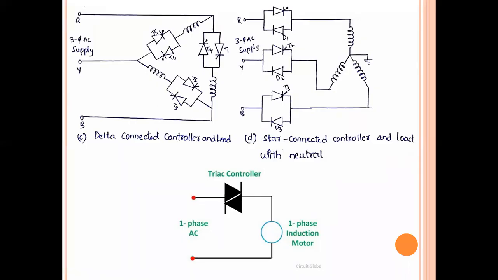If you write the mathematical expression, all the third order harmonic terms will be eliminated for the delta connection. So that means the delta connection is very much effective because it eliminates the third order voltage generated in the back EMF of the motor.